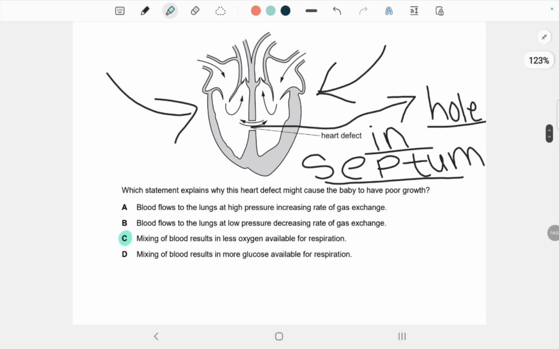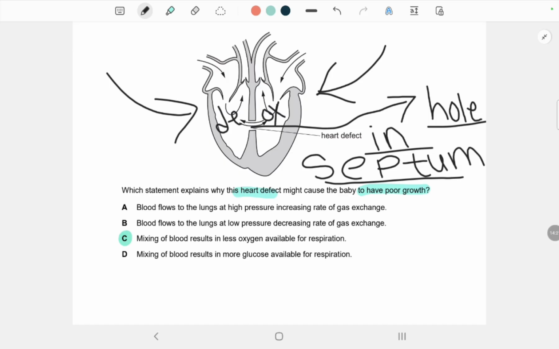Now, of course, what will explain this heart defect and why it causes the baby to have poor growth is that oxygenated blood will mix with the deoxygenated blood. Here will be your deoxygenated blood and here will be your oxygenated blood.